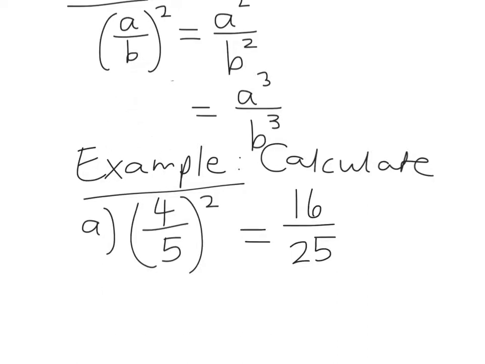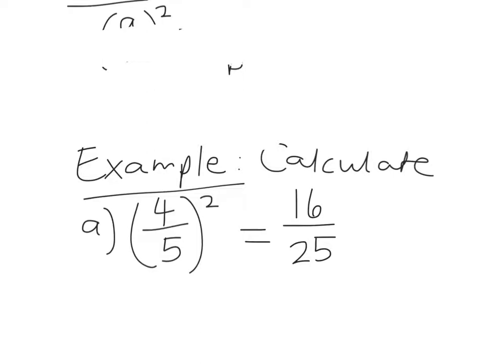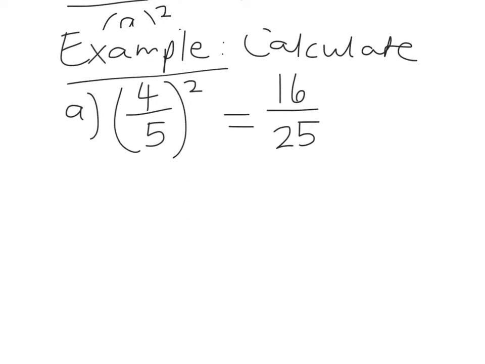So if we have got something like, let's just make some space. Let's say we have got minus 3 over 4 squared.